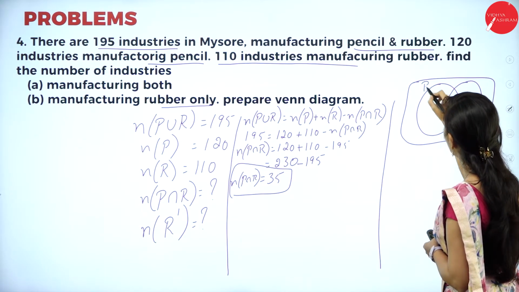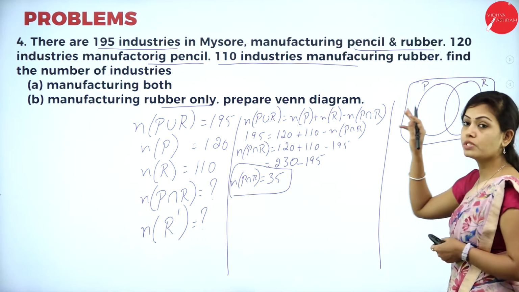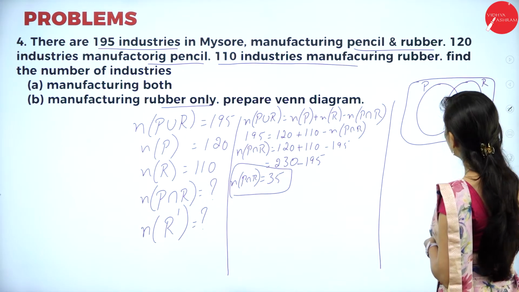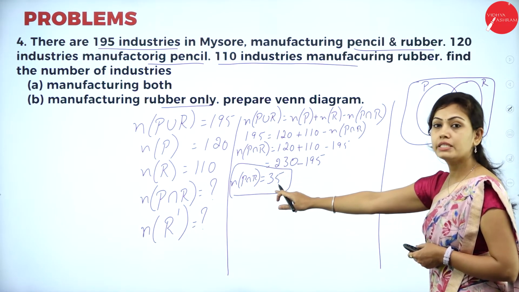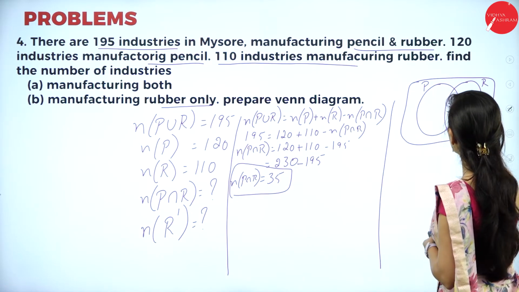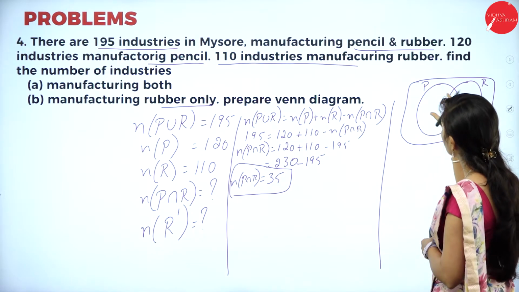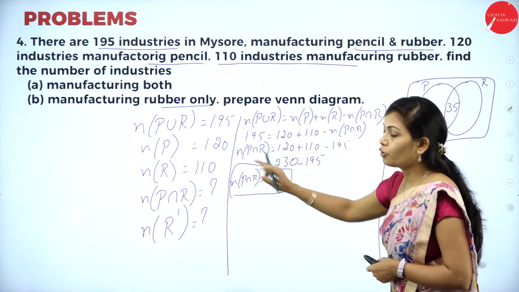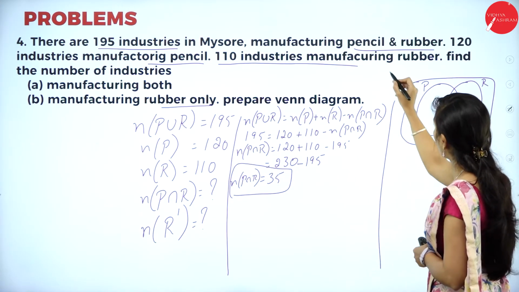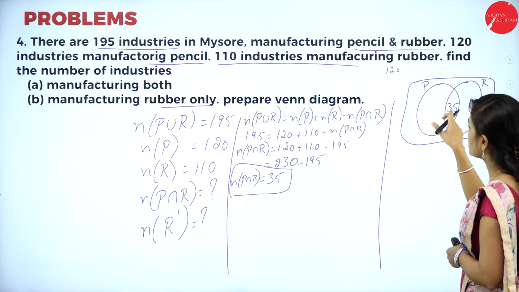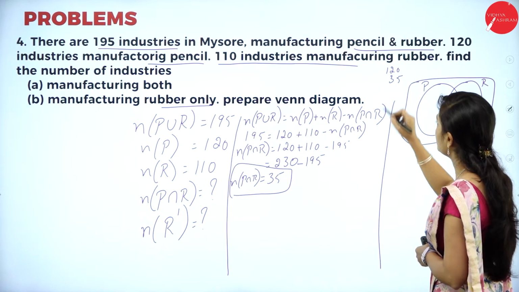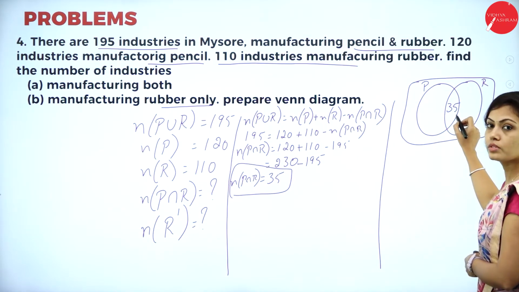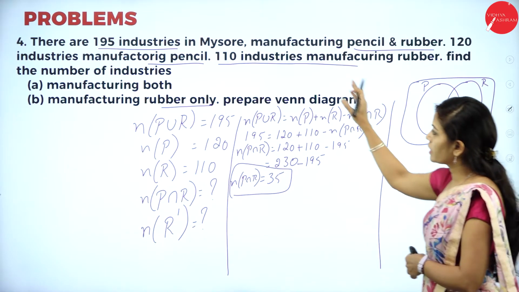So here pencil and rubber have two sets, P and R. So here first write N of P intersection R. N of P intersection R is 35. So now what is N of P? N of P is equal to 120. So 120 minus 35. First write the given values.